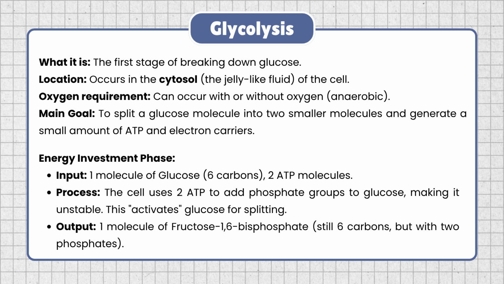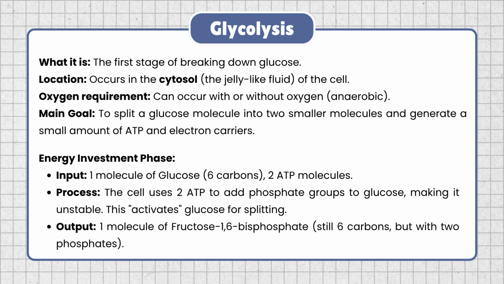For its key features, glycolysis is anaerobic. It can occur with or without oxygen, making it a universal and ancient process of life. Its main goal is to split a glucose molecule into two smaller molecules called pyruvate, generating a small amount of ATP and crucial electron carriers.